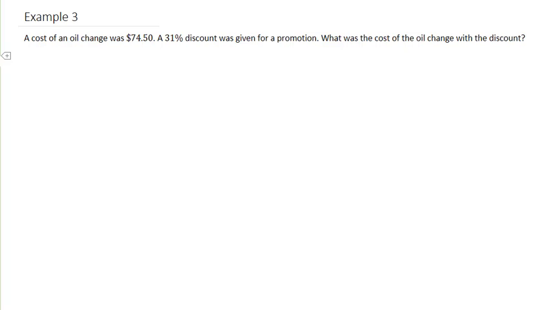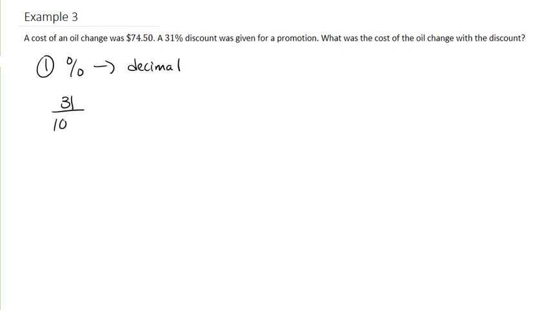Example 3. A cost of an oil change was $74.50. A 31% discount was given for a promotion. What was the cost of the oil change with the discount? So our first step is to change the percent to decimal.